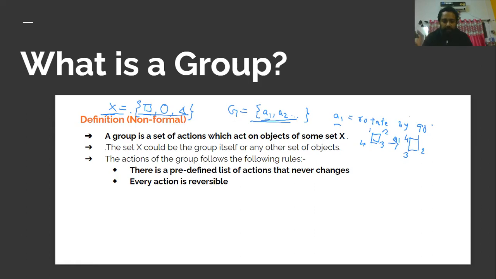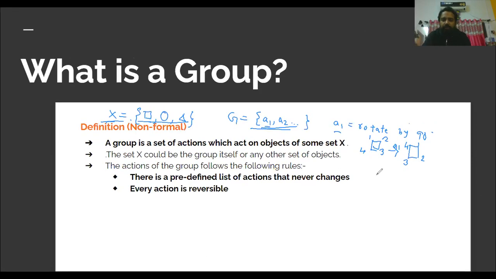So, for example, A1 takes this square from this configuration to this. We need to get back to this configuration.